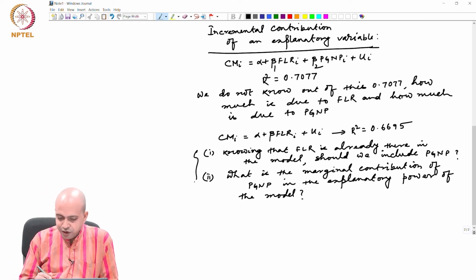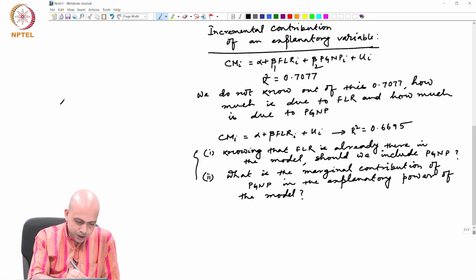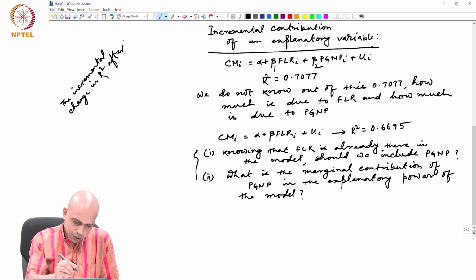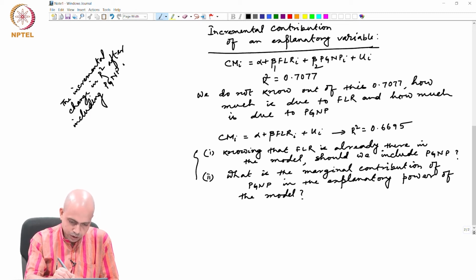So what is the incremental change in R square after including PGNP in the model?